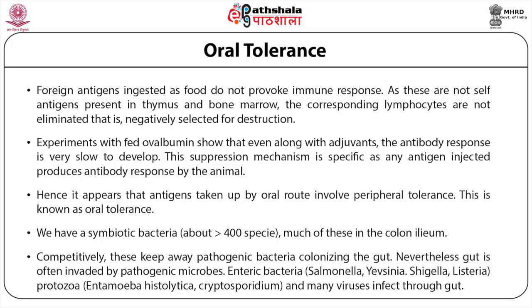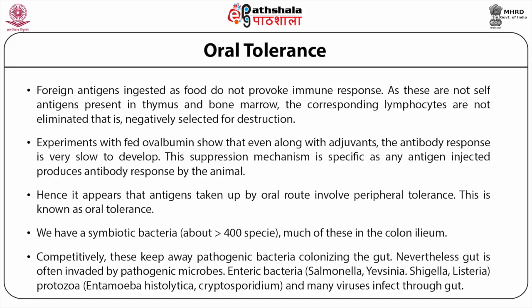In fact, animals which are gnotobiotic, that is, delivered and kept in germ-free environments, have poorly developed immune responses. So, in some ways, gut flora is necessary to keep adaptive immune responses to a desired level, but the immune responses do not eliminate gut flora.